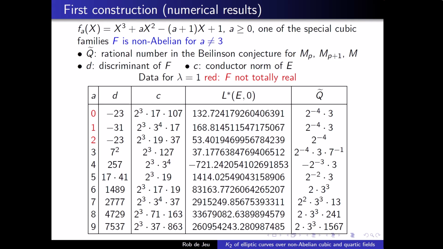If I were to go to a number field, then Lichtenbaum will tell me that this should be equal to the size of K_{n-2} of the ring of integers divided by the size of K_{n-1}. That is the regulator of K_{n-2} and K_{n-1}. Right, and this is the kind of thing that I would hope that in the future would be formulated.